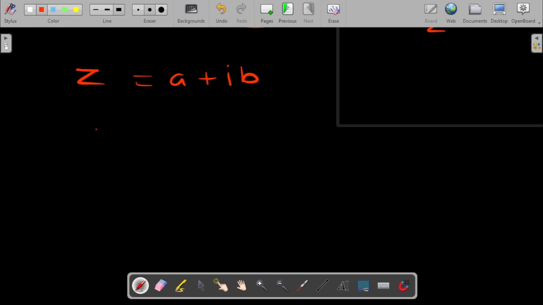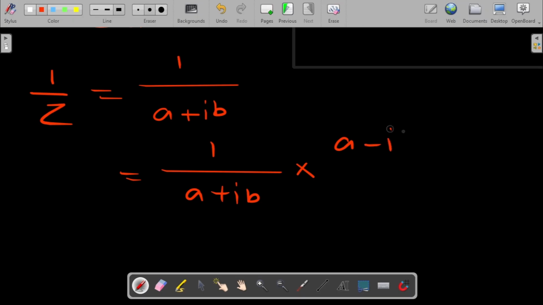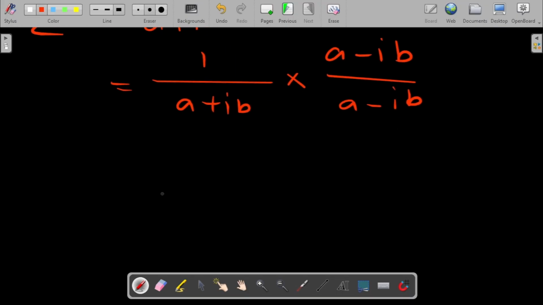We have to find 1 by Z. So 1 by Z is 1 divided by A + iB. If I multiply the numerator and denominator by A - iB, what I will get is 1 divided by A + iB, multiplied by A - iB and divided by A - iB.